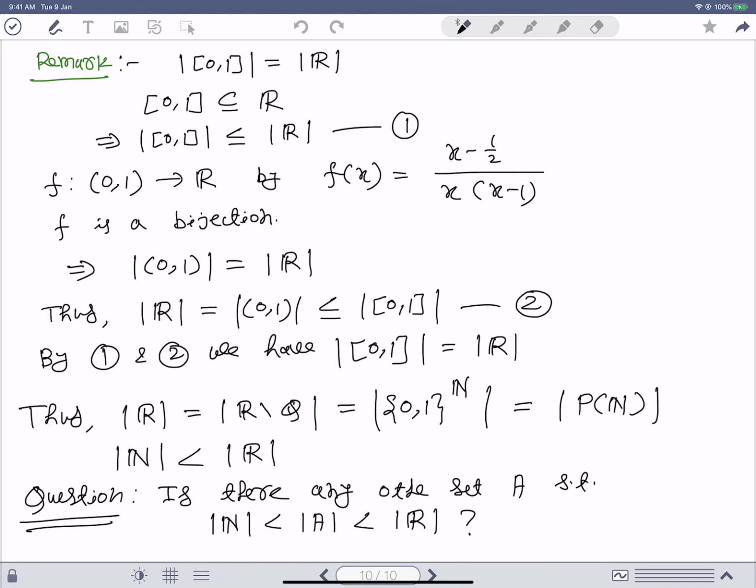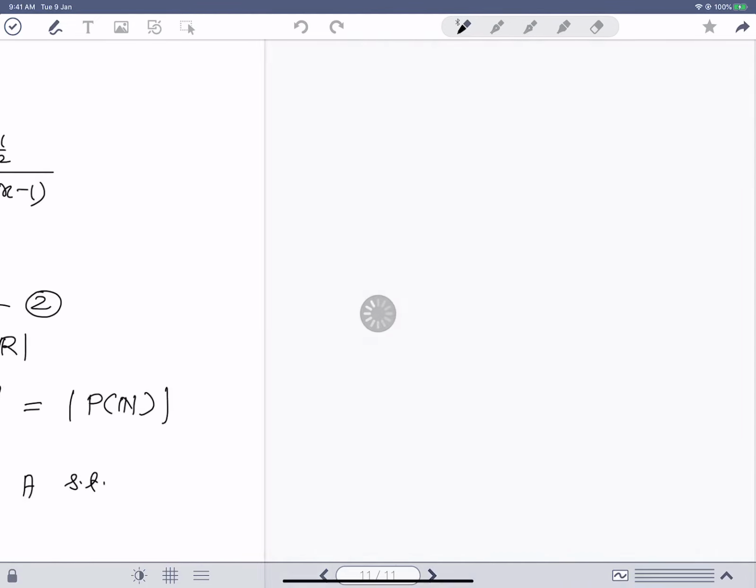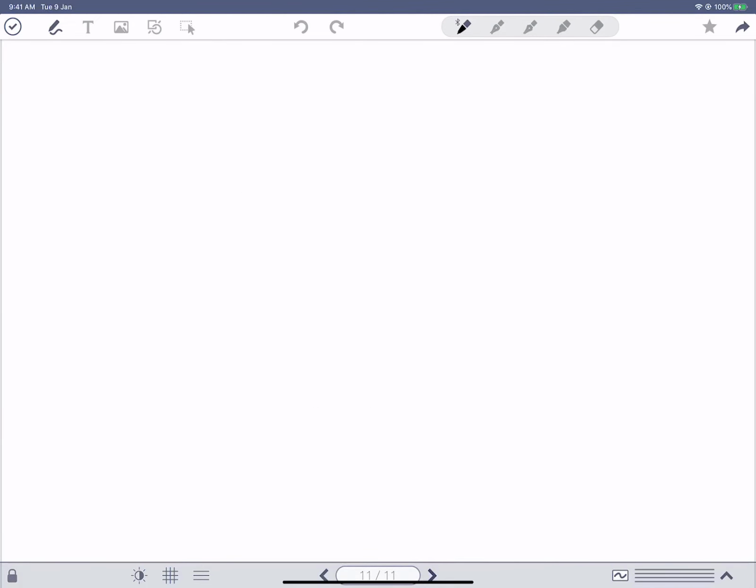Now what is the answer to this question? Actually, one cannot give the answer. So there is a continuum hypothesis.